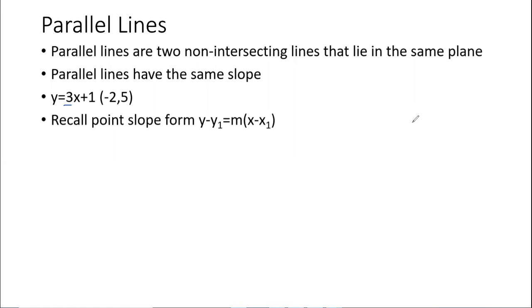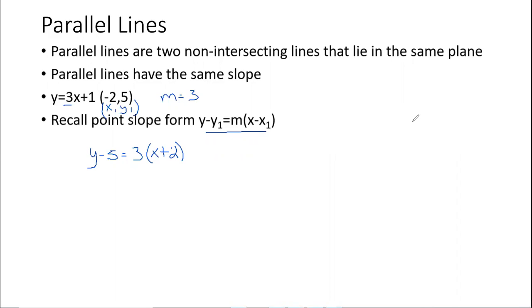So m is equal to 3. And this is our x1, y1. So x1 is -2, y1 is 5. So we have everything we need to plug into this equation. So we have y minus our y1, 5, is equal to m, which is 3, times x minus our x1. So minus -2 becomes plus 2. And this is our point-slope equation of our line.